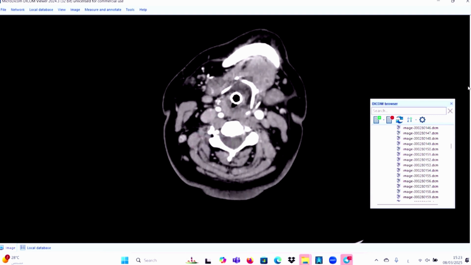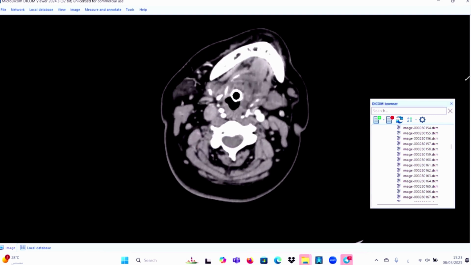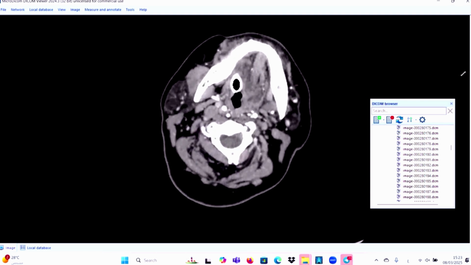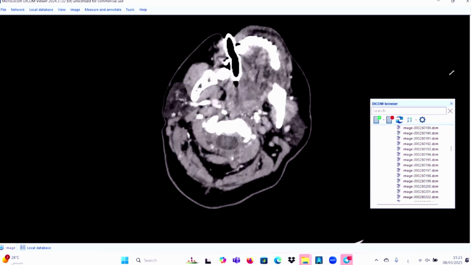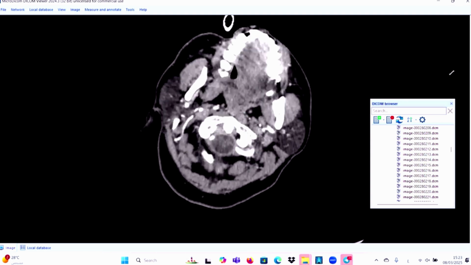The internal carotid artery courses medially, having a retropharyngeal extension, this is the pharynx, and it moves more medially, it is tortuous and goes up. This is the internal carotid artery, as you see here.